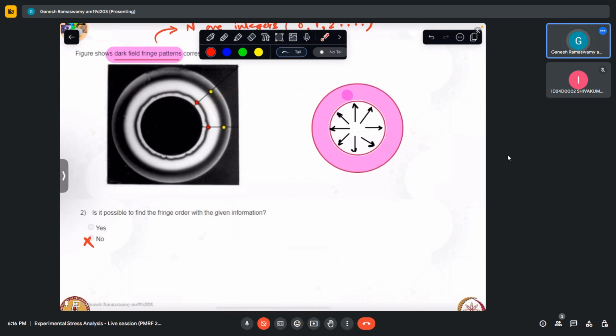Or if we were able to see some special points such as isotropic points, then we would have been able to identify something. But this is as simple as having two concentric circular fringes, from where nothing can be gauged unless the fringe order at least one point is given. So it is not possible to find the fringe order with the given information.